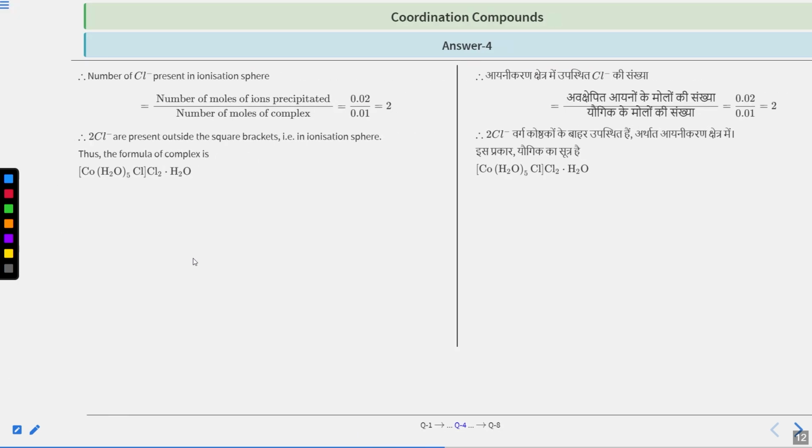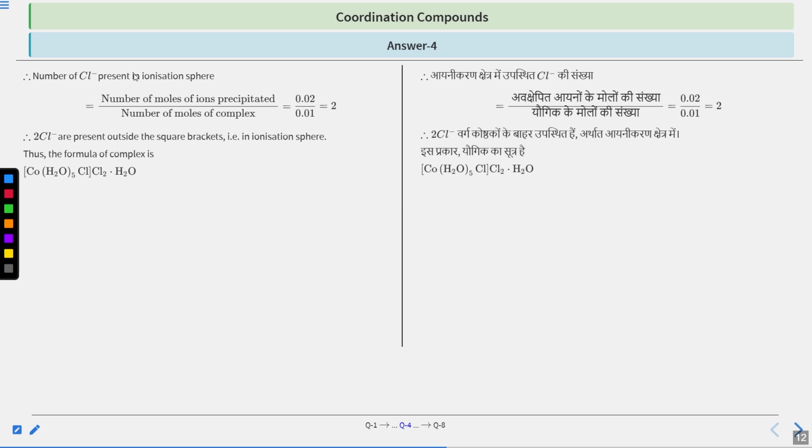So we see that the number of chloride ions present in the ionization sphere will be number of moles of ions precipitated divided by number of moles of complex. So 0.02 divided by 0.01, which is the number of moles of complex. On dividing it, it is coming out as 2. So you can say that 2 chloride ions are present outside the square brackets. That's why we are getting, after dissociation, 2 moles of chloride ions, right?